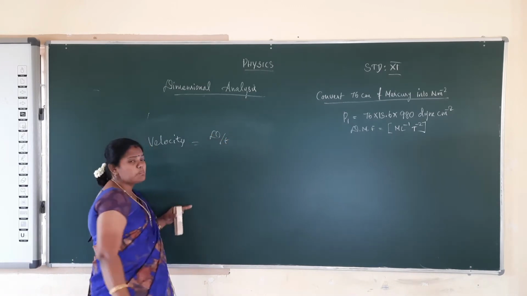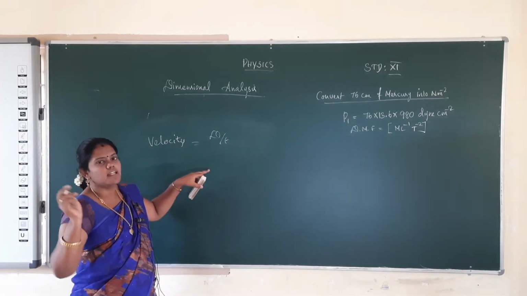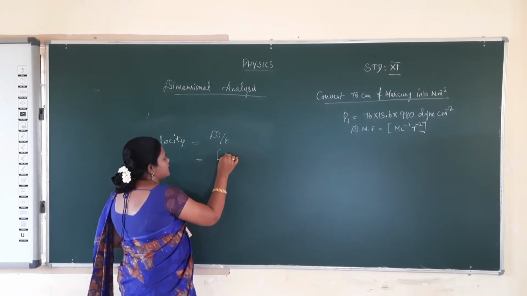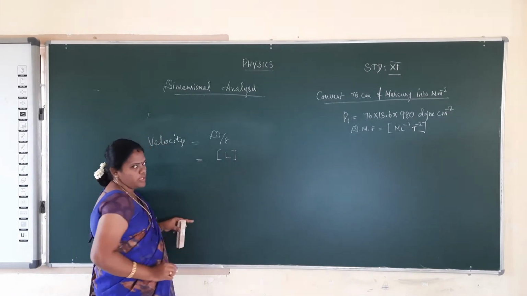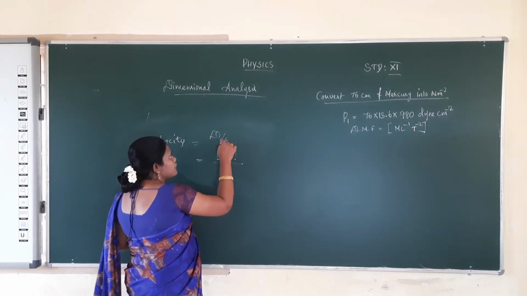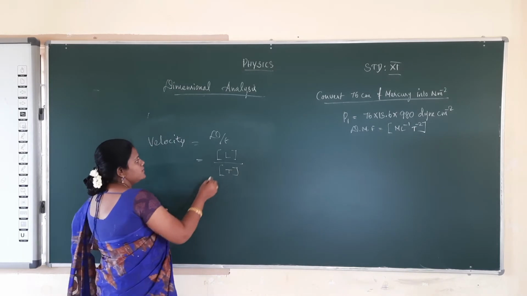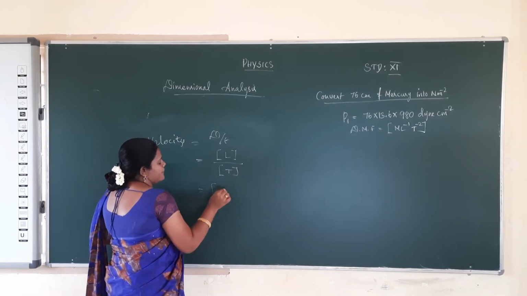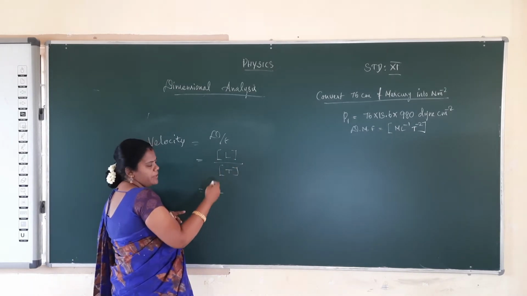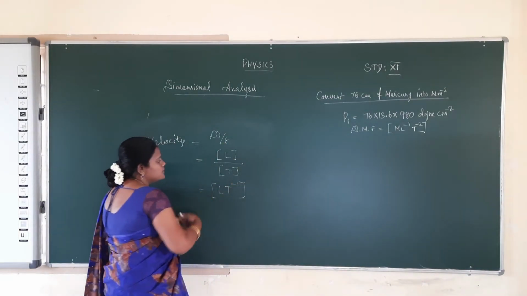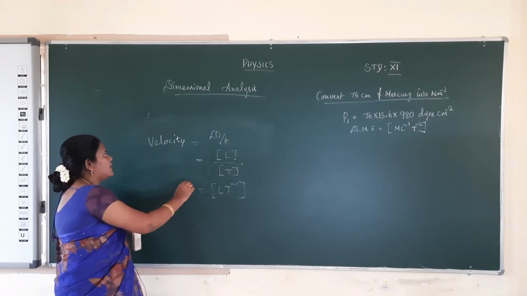Displacement means the length covered. The dimensional formula for displacement is square bracket of L. Then the dimensional formula for time is square bracket of T. Then L, and T is in the denominator, so taking it to the numerator it becomes T power minus 1. That is the dimensional formula for velocity.